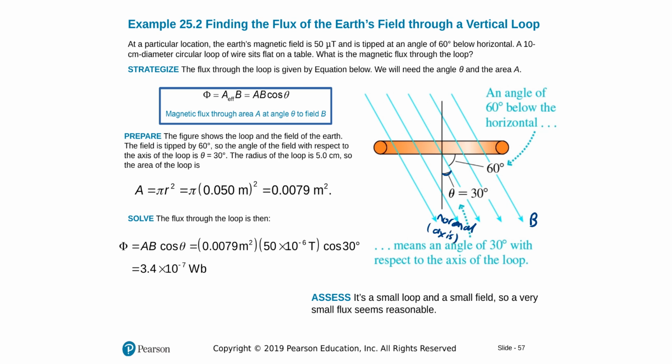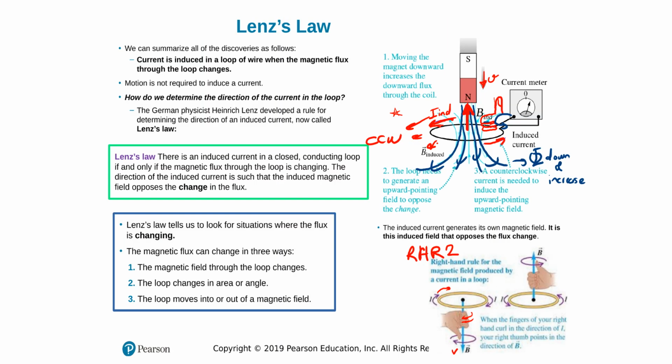And the question is asking us what is the magnetic flux through this loop. Here's our equation, AB cosine theta. We found our theta and we will just apply that. The area would be pi r squared because we have a circular loop. That's about this question.